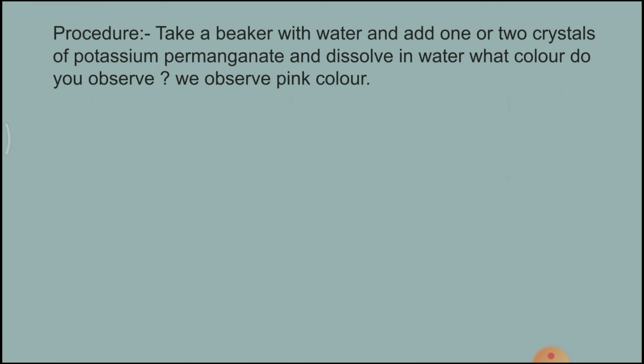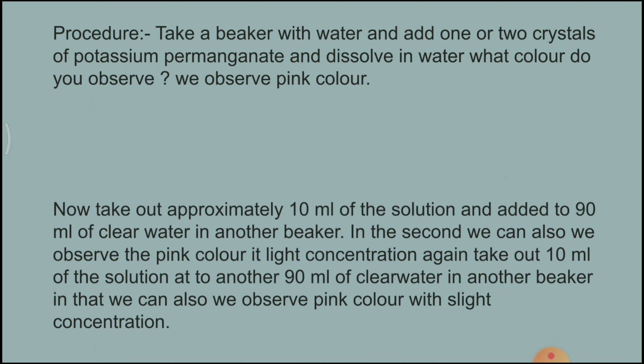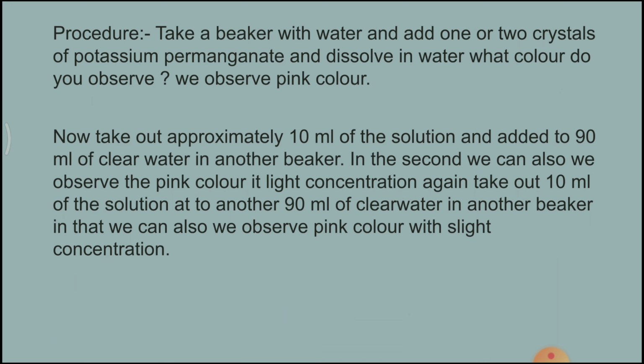Let us see the procedure once. Take a beaker with water and add 1 or 2 crystals, or a few crystals, of potassium permanganate and dissolve in water. What color do we observe? Let us see in the experiment.